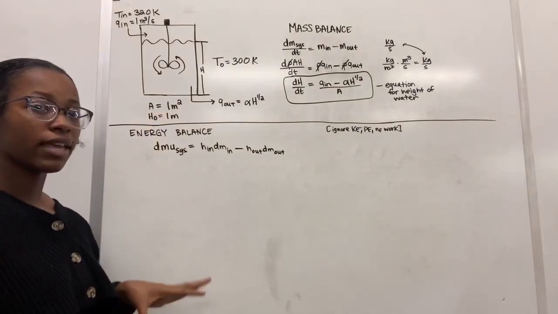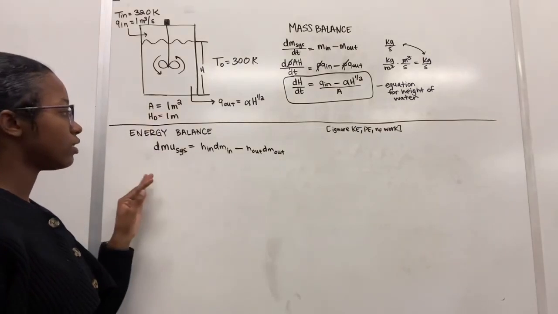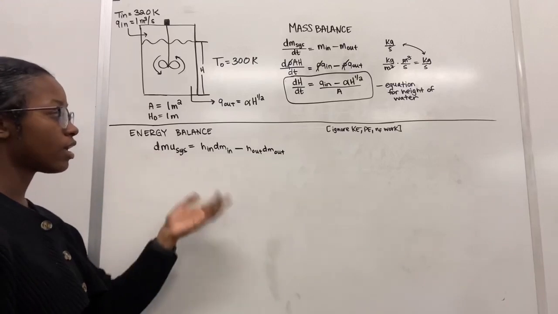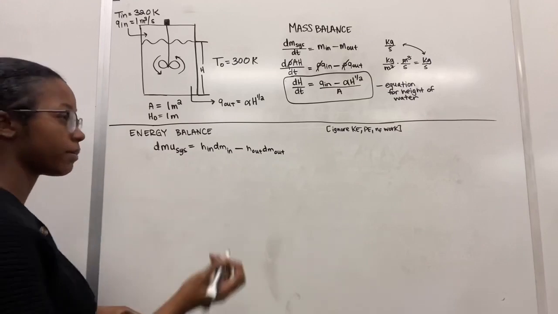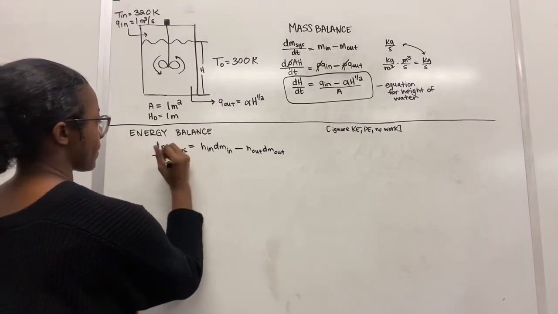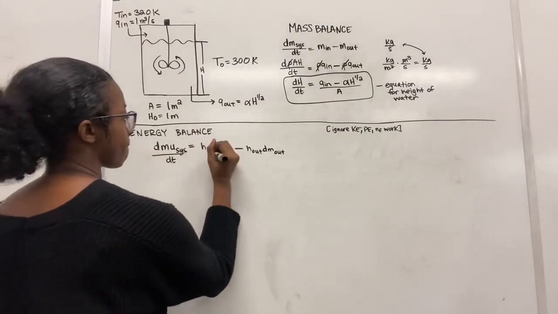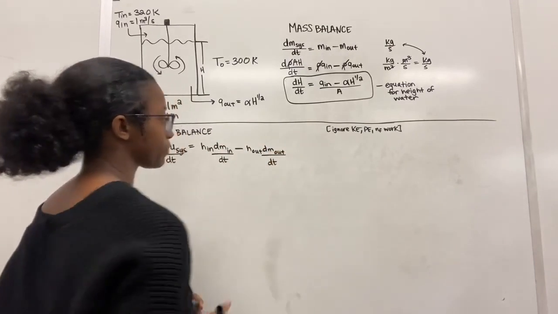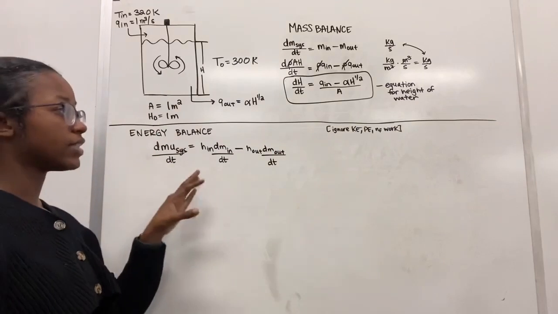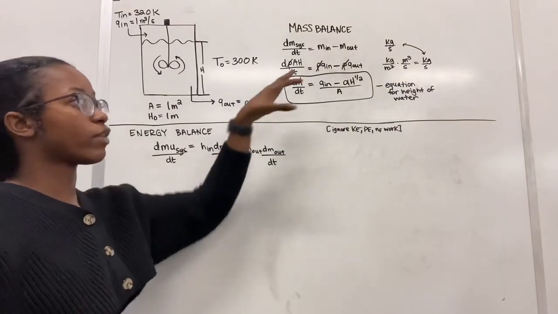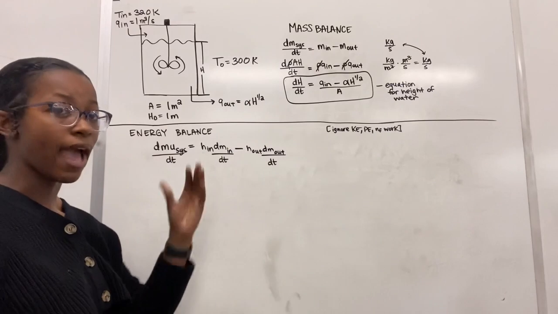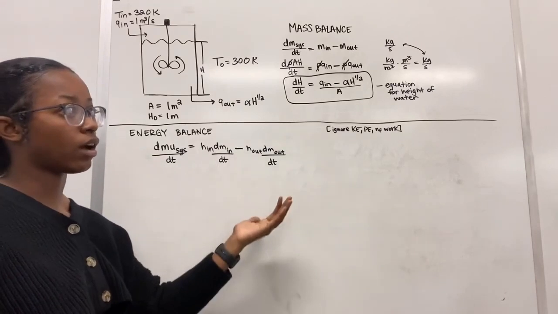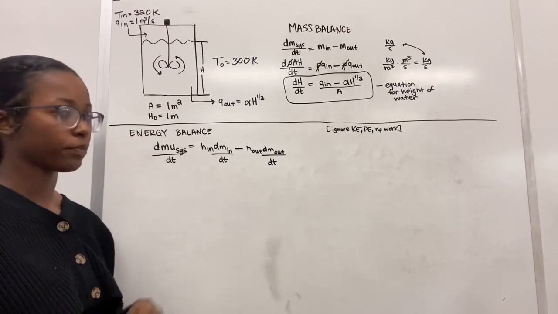And so if we were to divide both sides by dt and evaluate the equation with respect to time, we would receive the same mass flow rates that we got in our mass balance when looking for the equation for our height of the water.